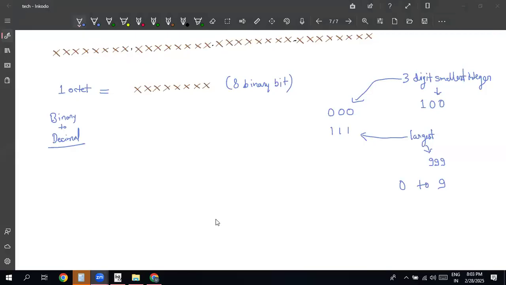Guys, who all know the binary to decimal conversion properly? Okay, so see.